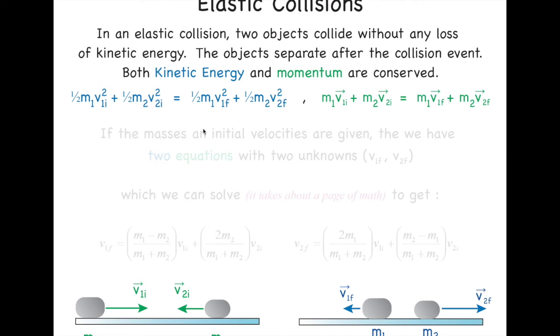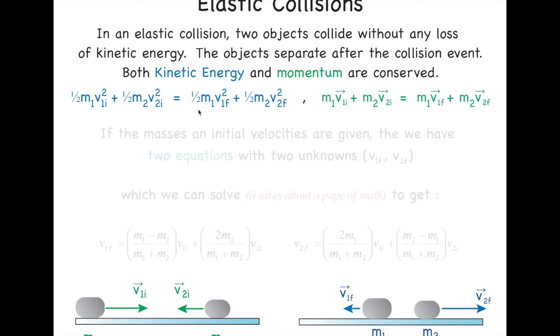Now, in an elastic collision, both kinetic energy and momentum are conserved, right? And so we'll write out the conservation of kinetic energy and the conservation of momentum in terms of the variables. 1/2 mv squared for the first mass in the initial state, for the second mass in the initial state, for the first mass in the final state, right?